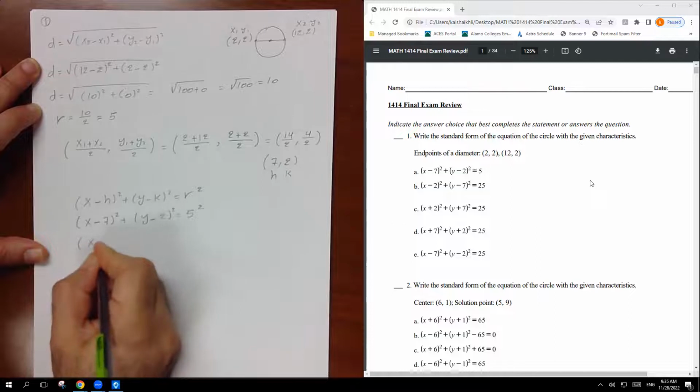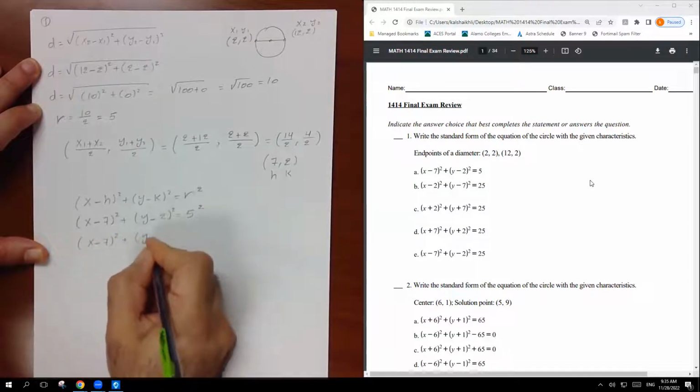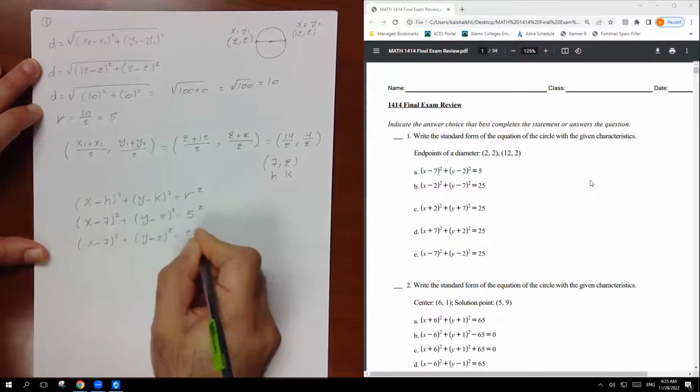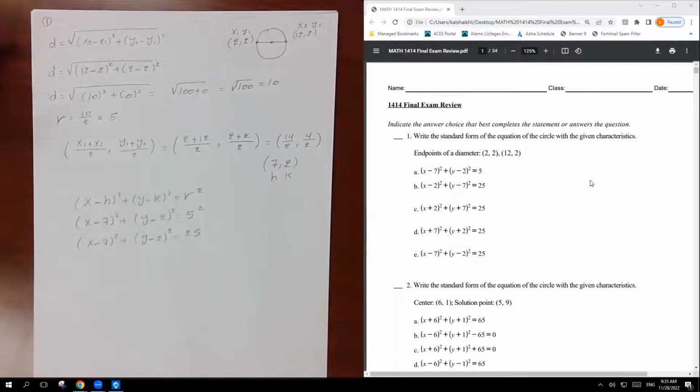So it'll be x minus 7 squared plus y minus 2 squared equals 25. Our solution is supposed to be one of these choices, with x minus 7 and y minus 2, so it's going to be E. So we're going to choose E for the first one.